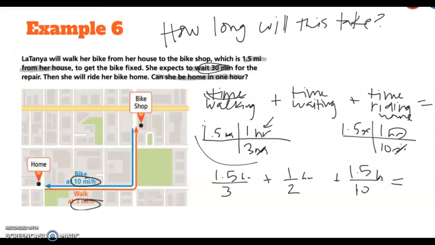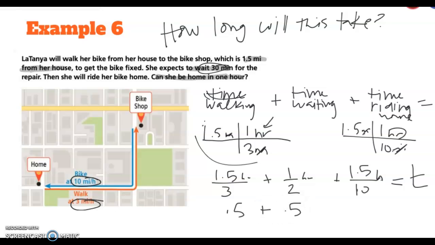So I just now have to type this in. We don't even have a variable in this problem. We just have this. It equals the total time, right? That's how long it will take, that's our variable. So I'm just typing in my calculator, 1.5 divided by 3, which was 0.5, plus a half is 0.5, right?